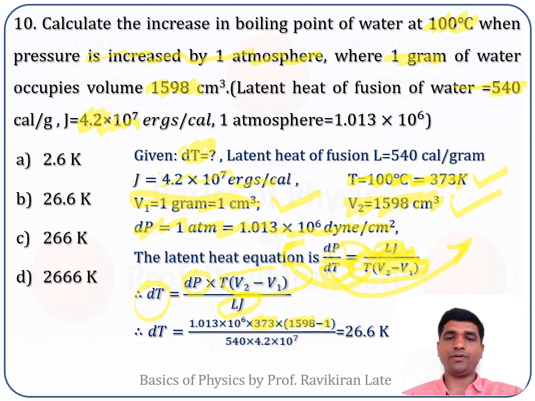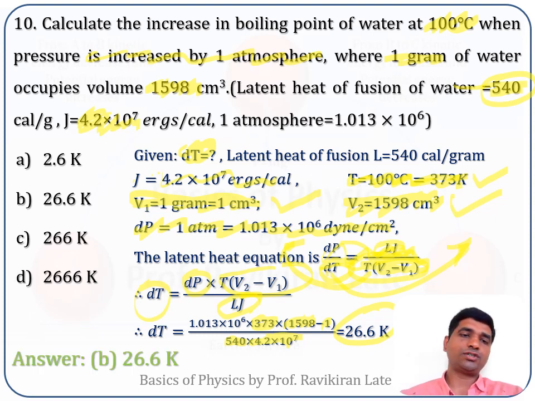L is the latent heat, which is 540, given. J, the mechanical equivalent, is 4.2 into 10 raised to 7. If you do these simple calculations, you will end up with an answer of 26.6 Kelvin. So the correct answer for this question is option number B.